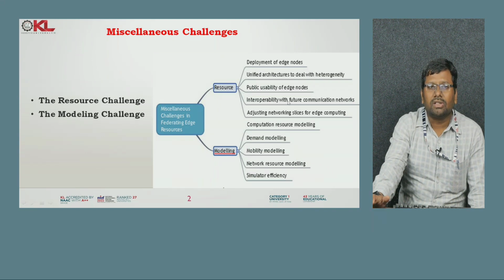In today's scenario, our country still needs to be fully involved with 5G services. But if we compare with the developed countries, they are utilizing higher generation services.